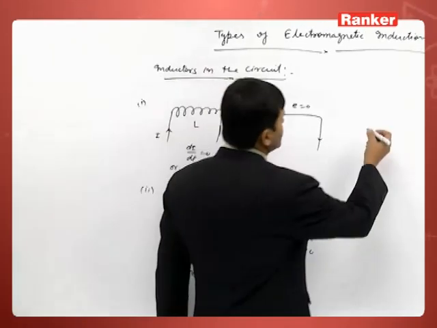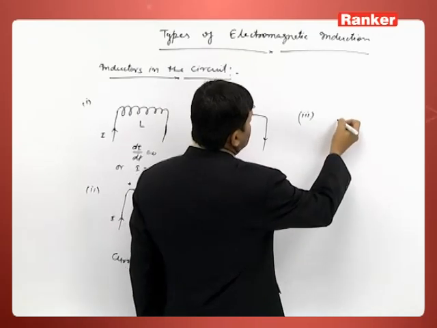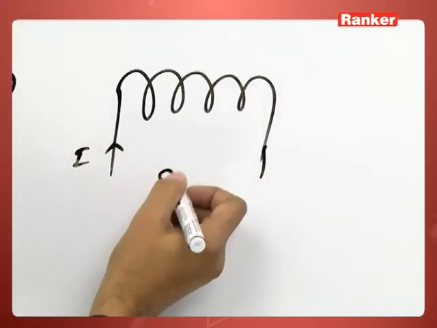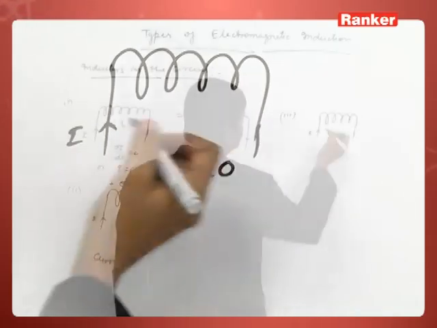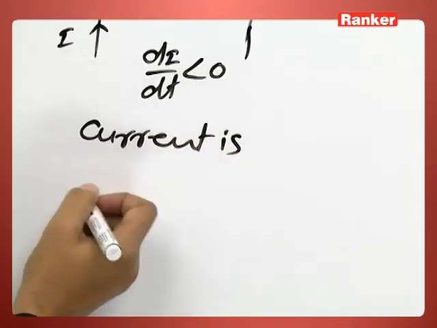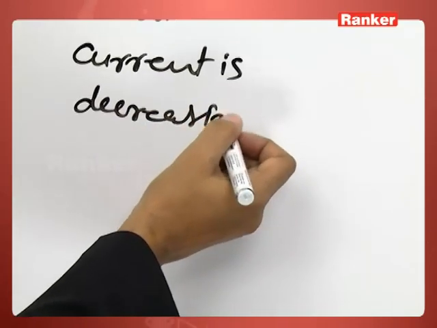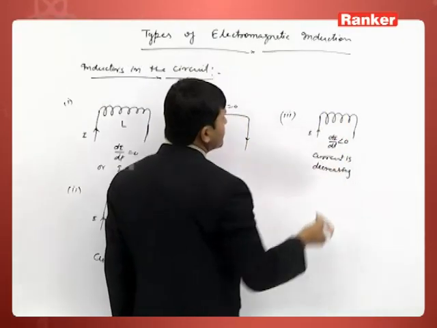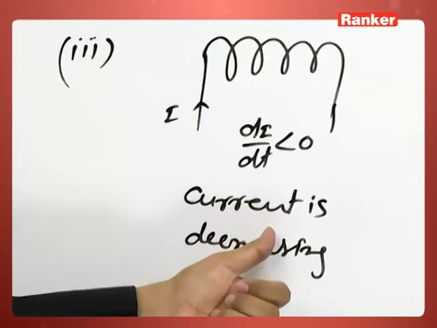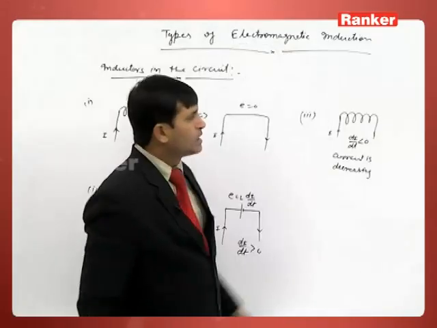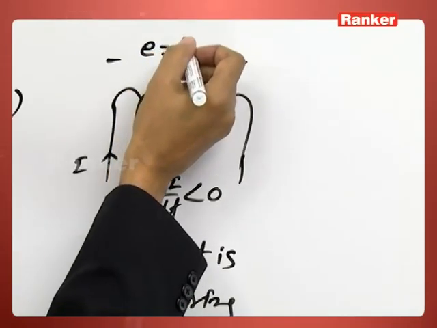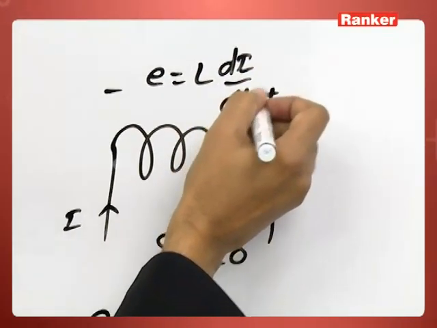Similarly, in the third case, let the current be decreasing, so di by dt is less than 0. EMF will be there, but it must try to maintain the same flux. Since the current is decreasing, the flux decreases, so the EMF polarity will be such that it tries to increase the flux.